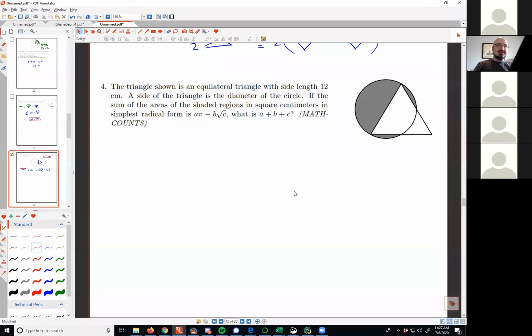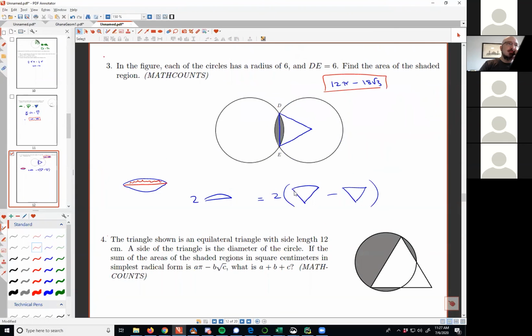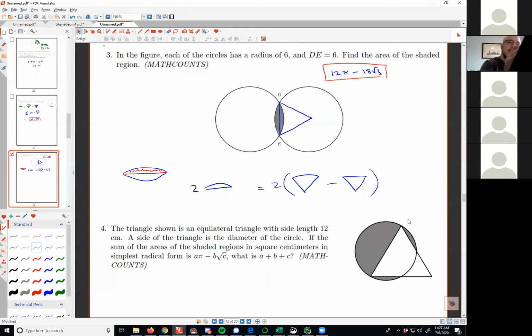Now this one's a little funny. So I see there are 2 segments over there, and the triangle divides the circle into half.